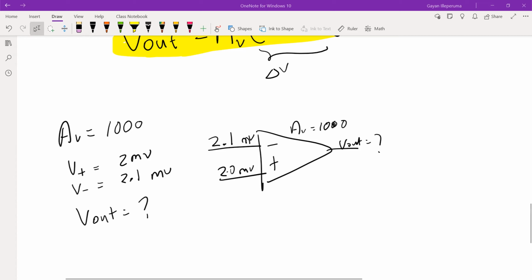Very good. That's straightforward, right? Now I'm going to make a change. Let's say this is not millivolts. Let's say this is volt, 2.1 volt and 2 volts. Now what will be the output?